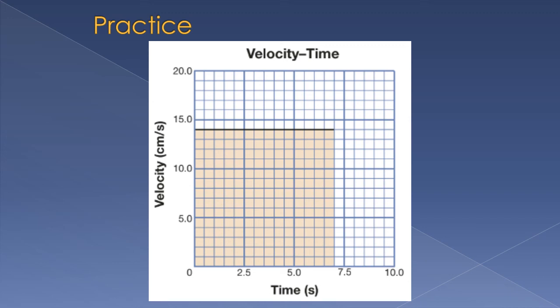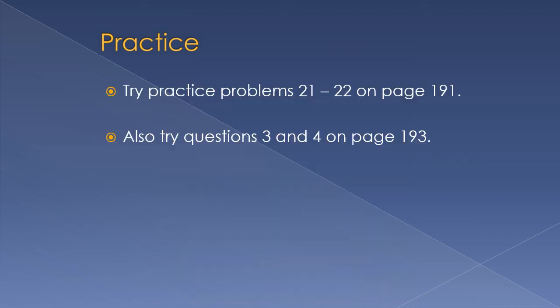So remember, we're right here, 14 centimeters per second. We're right here at that 7-second mark. Take the area, and the area will give us 98 centimeters. Or if we use our formulas to manipulate, we know it's velocity times time. We get our displacement.